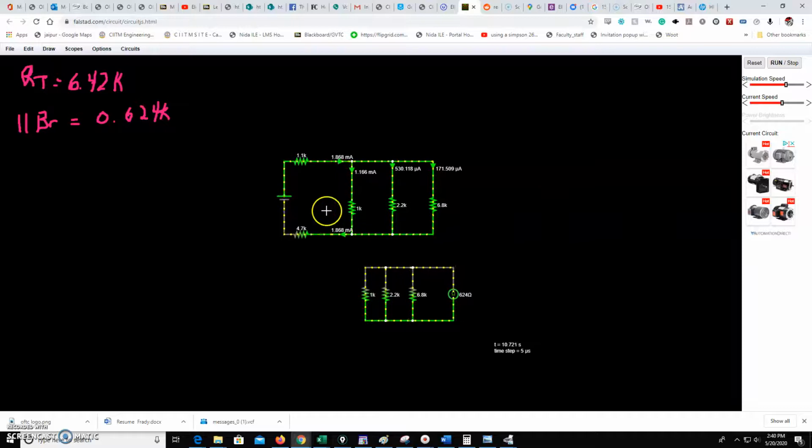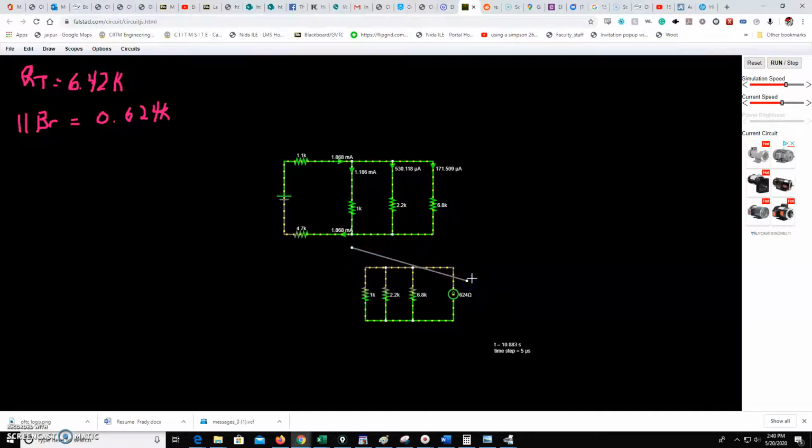And we proved that these are there. We just add that to the 1.1 and the 4.7. Remember, 1.1 is really 1100 ohms, 4.7K is really 4700 ohms. So we just have to switch between units. But we proved it all the way around. We can see how current flows through this guy up here.